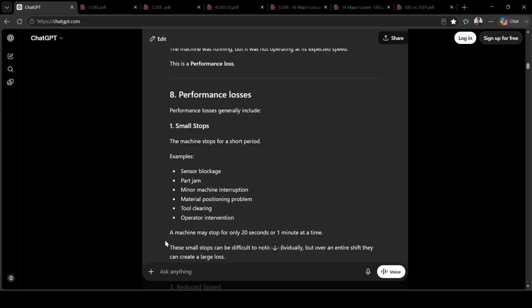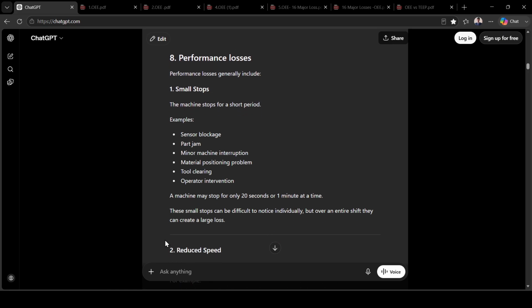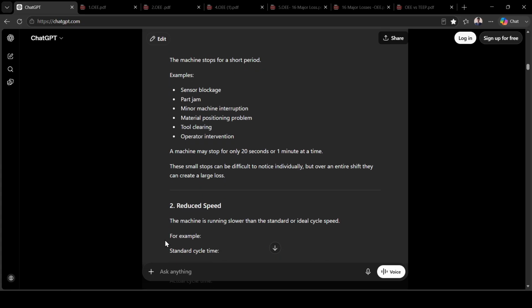The first one is small stops, where the machine stops for a short period. Examples: sensor blockage, a part jam, minor machine interruption, material positioning problem, tool clearing, operator intervention. A machine may stop for only 20 seconds or 1 minute at a time, and these small stops can be difficult to notice individually, but over an entire shift they can create a large loss.